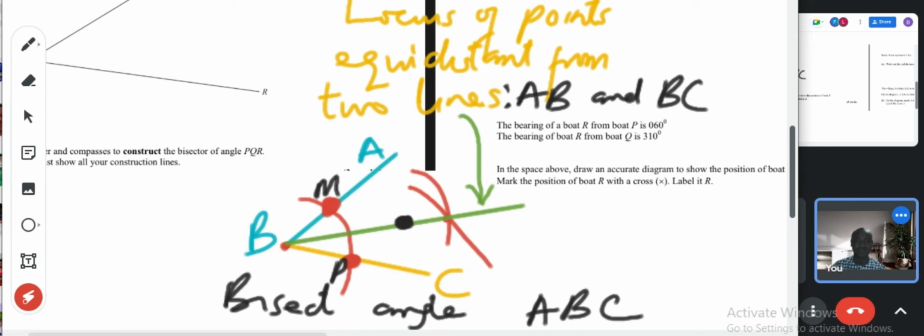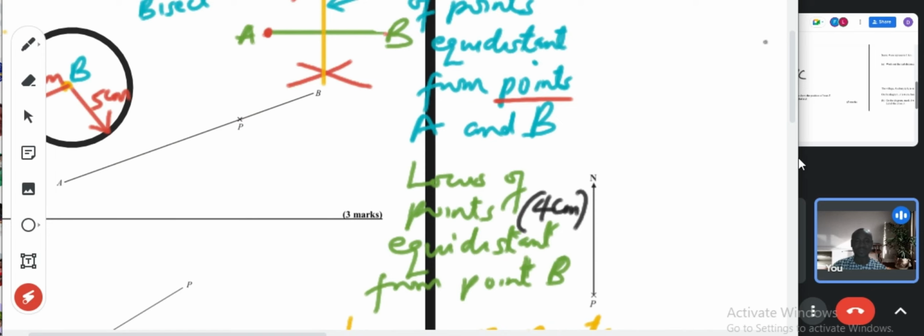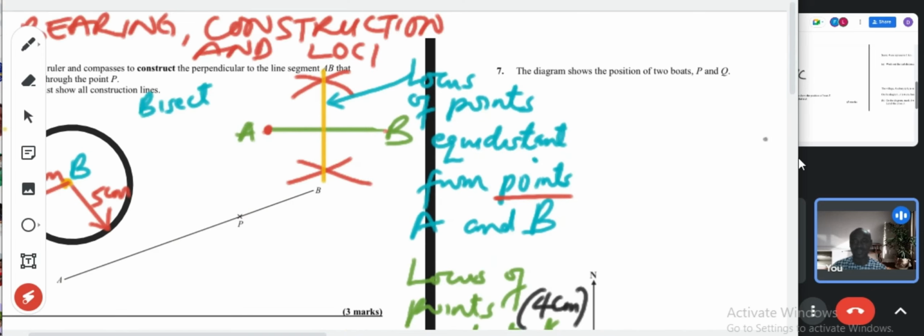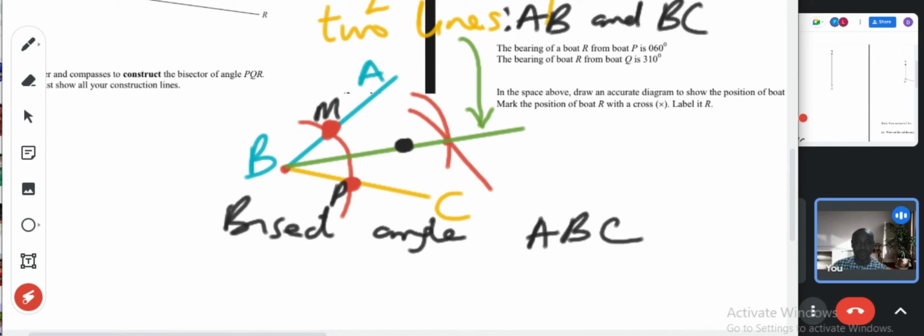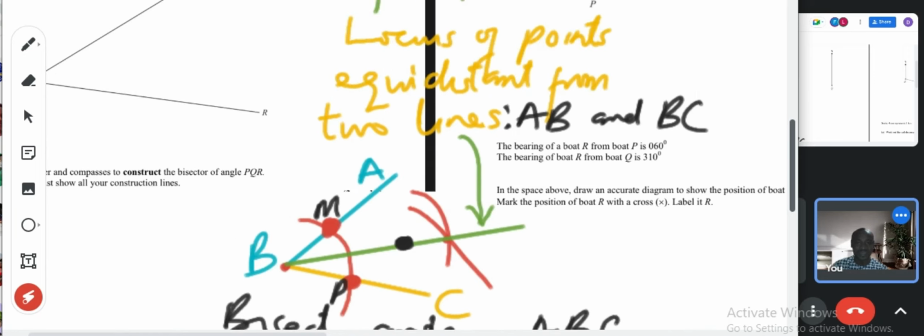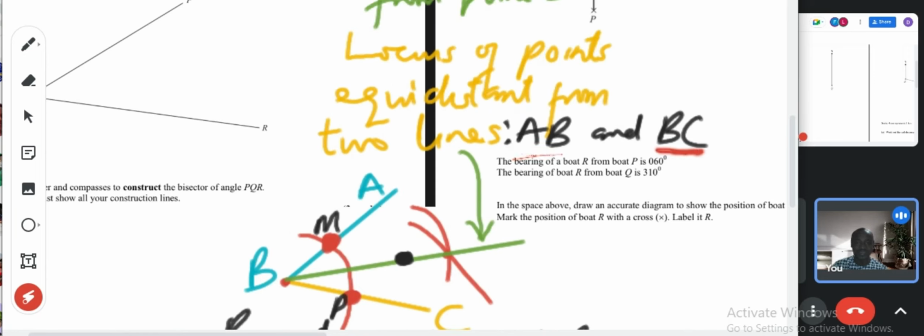Is that clear? Remember, this other one is where you bisect the line. If it's about the locus of points equidistant from two given points, A and B, just bisect line AB. If it is about the locus of points equidistant from two given lines, line AB and line BC, bisect angle ABC.